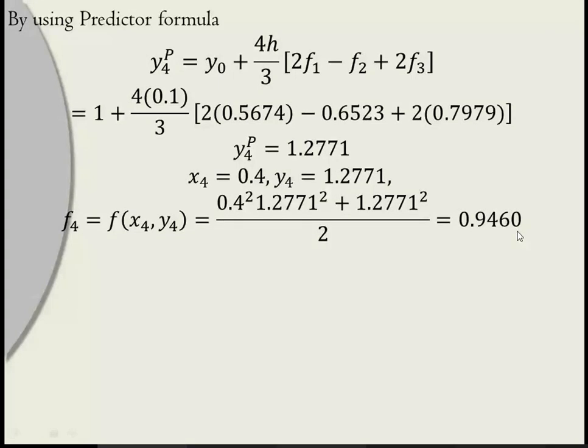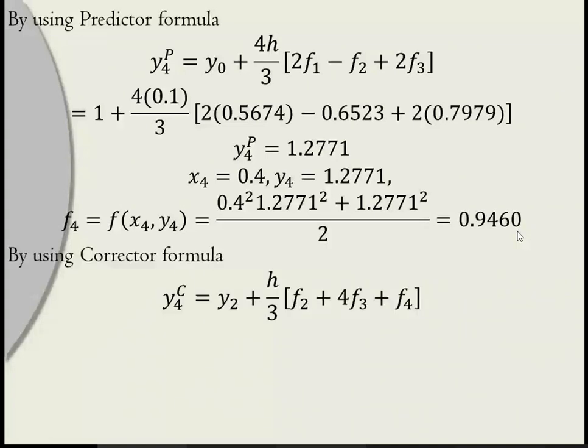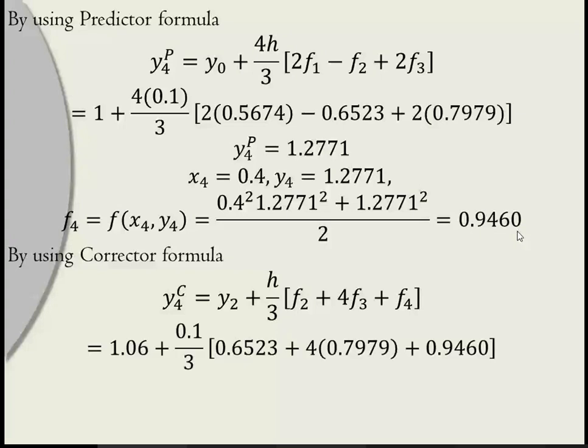And now use the corrector formula. By the corrector formula, y4c will be y2 plus h by 3 into f2 plus 4 f3 plus f4. Substitute the values and do the calculation. So the corrected value is 1.2797.